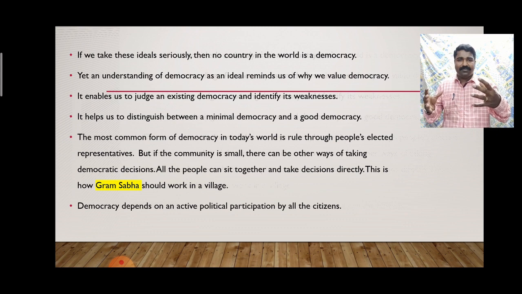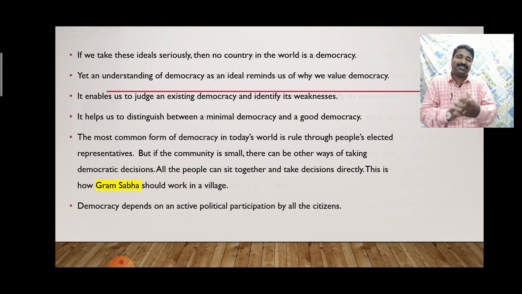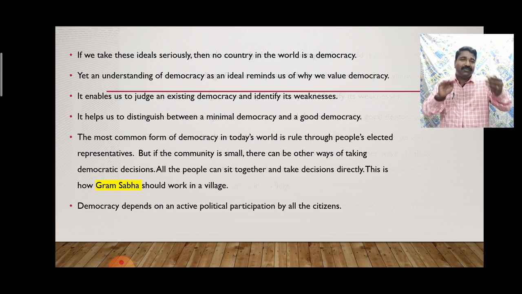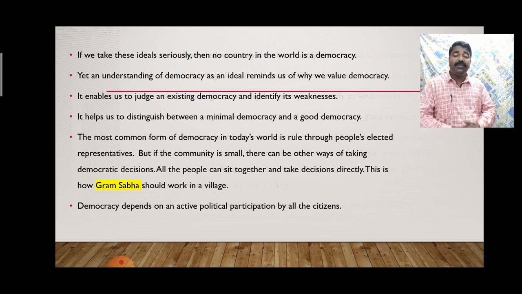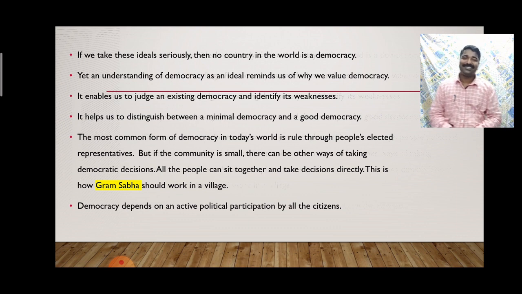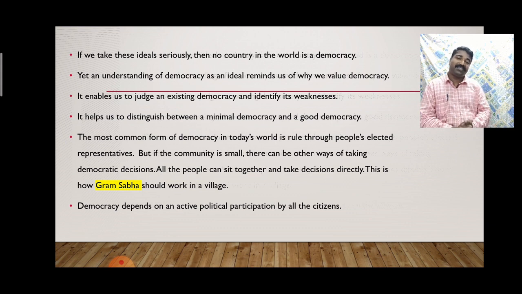We can also judge our democracy, Indian democracy, against a good, ideal democracy. You got it. We can compare and analyze a democracy with an ideal democracy, whether it has achieved that or not. It helps us to distinguish between a minimal democracy and a good democracy. That's very important. We can compare a minimal democracy with a good democracy.